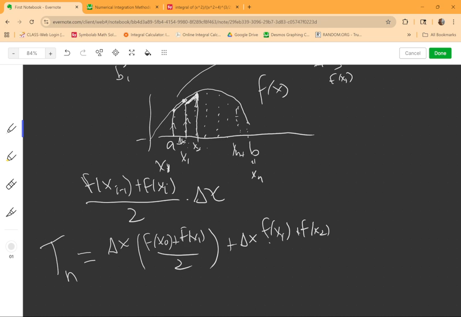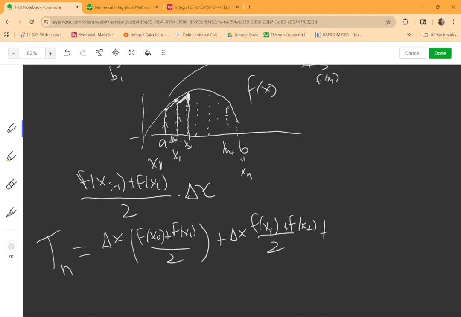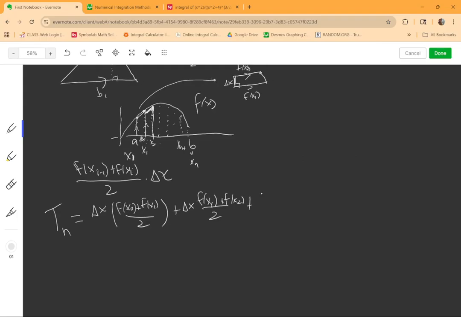Over 2, and we're going to have that same kind of pattern, where for the next trapezoid we're going to have delta x over 2 of f of x sub 2 plus f of x sub 3.